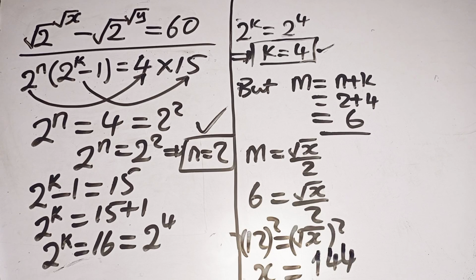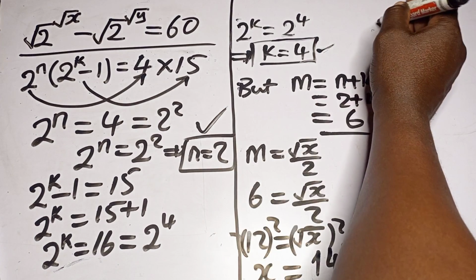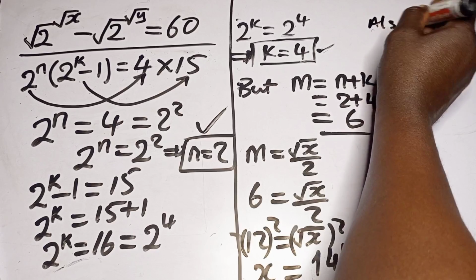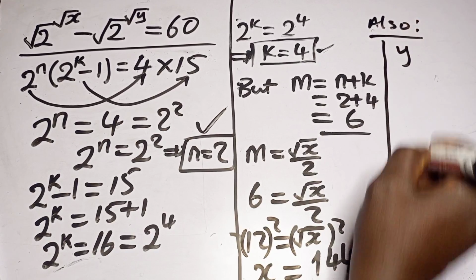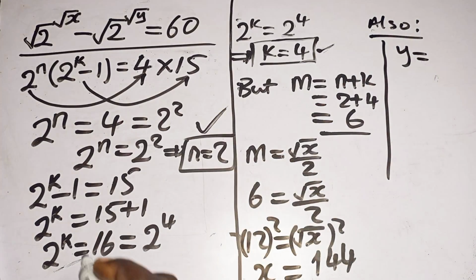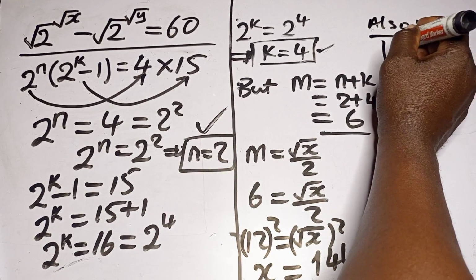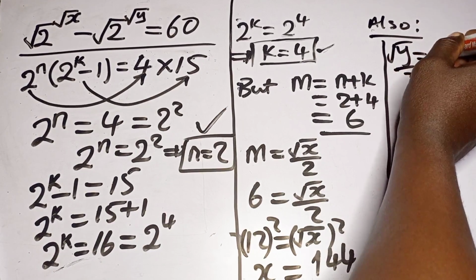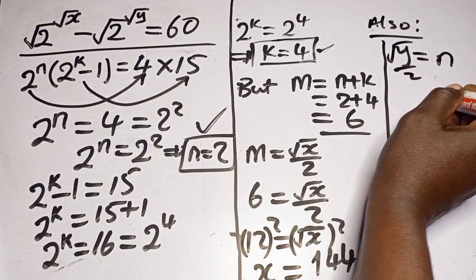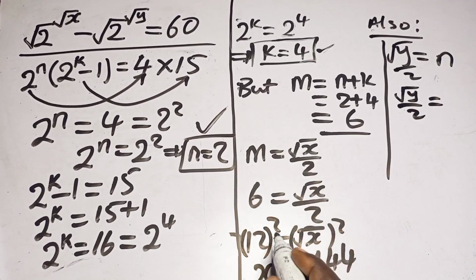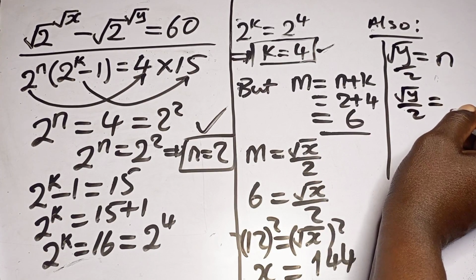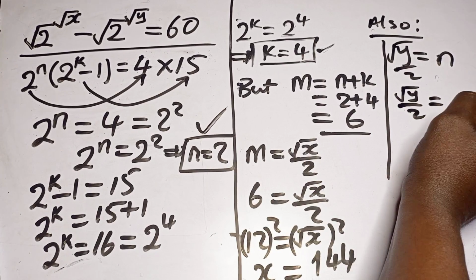What about the value of y? All right. Also, we know that n is root y all over 2. So root y all over 2, we found n to be 2.